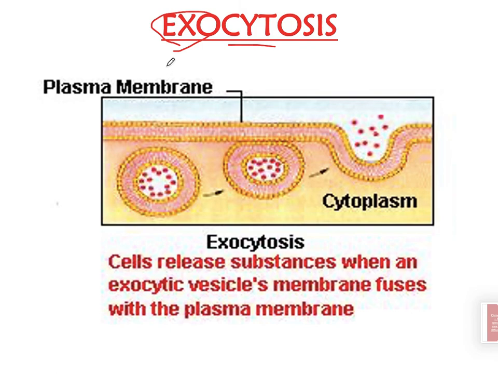So this is exocytosis. We saw that from inside the cell, the particle went outside the cell. This release also requires energy, and that is why it is categorized under active transport, right? So the exocytic vesicle generally fuses with the plasma membrane, which I have just told you.